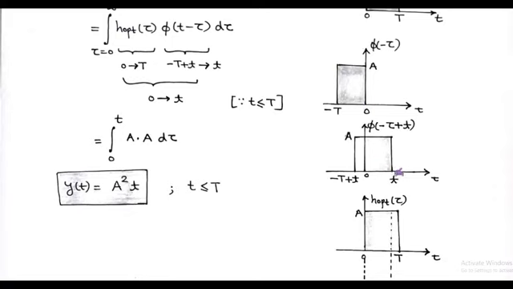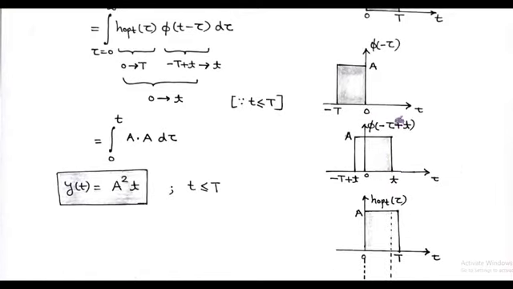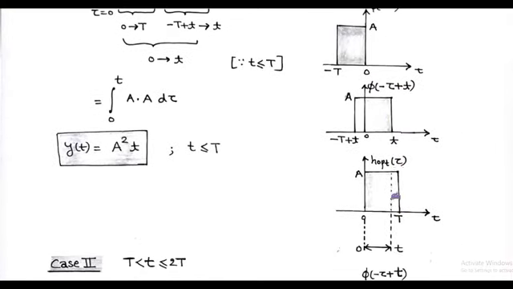Here we consider the case where small t is greater than 0 but less than or equal to capital T. After representing phi(t minus tau), we take h(tau). Here the optimum h(tau) is simply a function having value A between 0 and capital T.